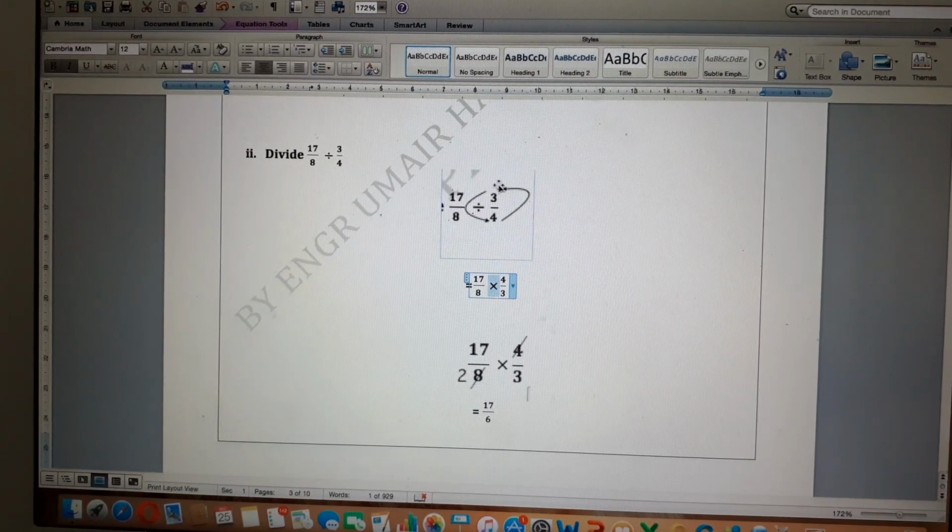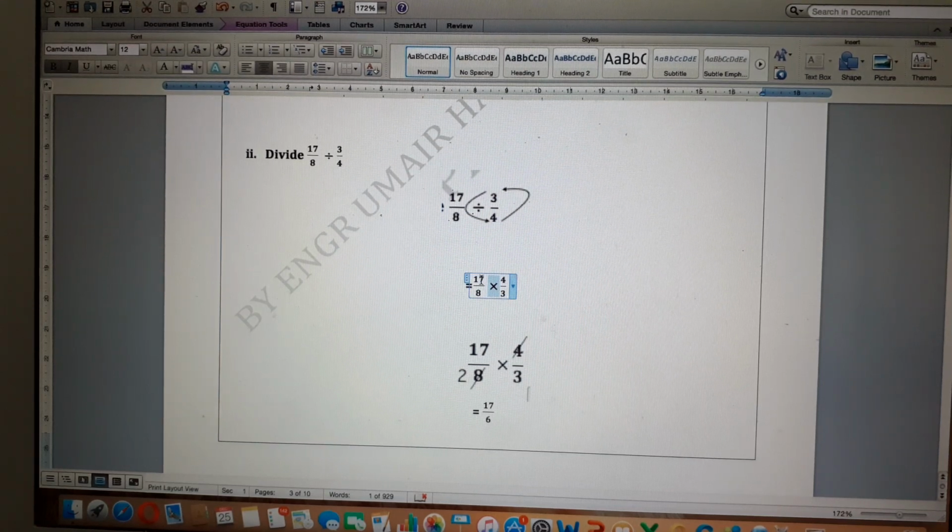Reciprocal means you interchange the numerator and denominator. 4 will come in the numerator and 3 will go into the denominator. Initially it was 3 over 4 when division was here. When I inserted the multiplication sign, it became 4 over 3, which is the reciprocal of 3 over 4.